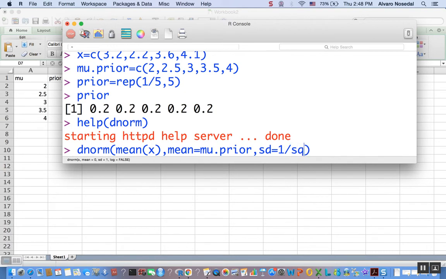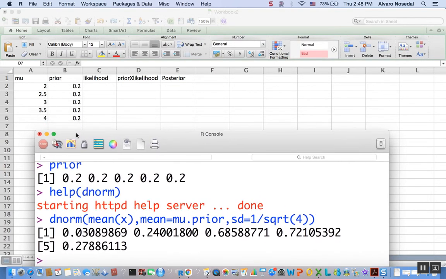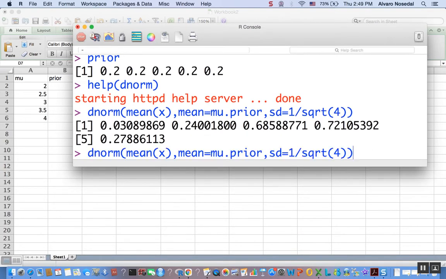We have a sample of size 4, so we have sigma divided by the square root of n. As you can see, we have 5 values. Those would be the 5 values that you would place here. Then you would do the product, then the sum of those products goes here. Each of those cross products divided by the sum is going to give you the corresponding posterior. Make sense? Okay, so here we go. Let me just save this. Let me call it likelihood.